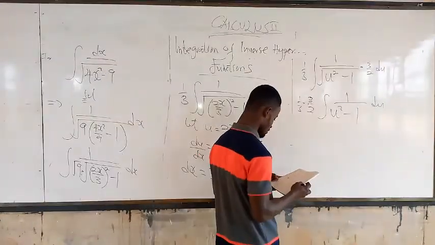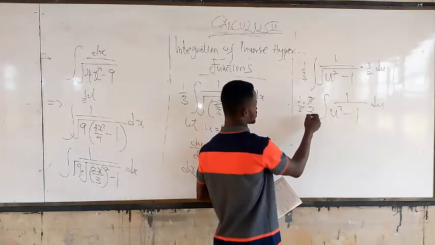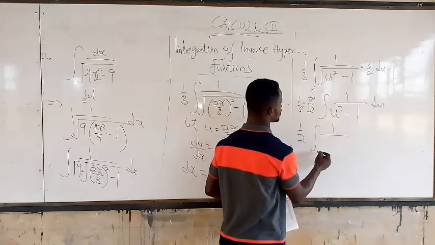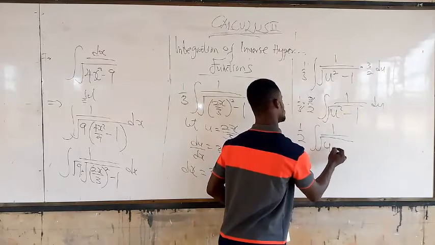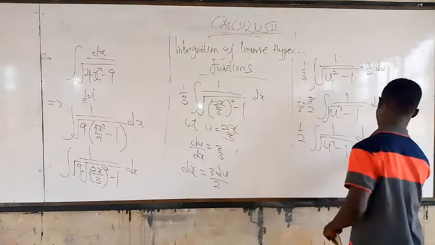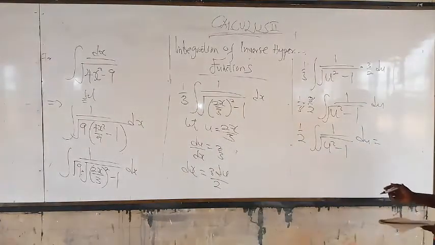Alright, so here we are going to get, this will cancel this, so we get half integral of 1 over u squared minus 1 du. But we know that this is what? Cosh inverse.